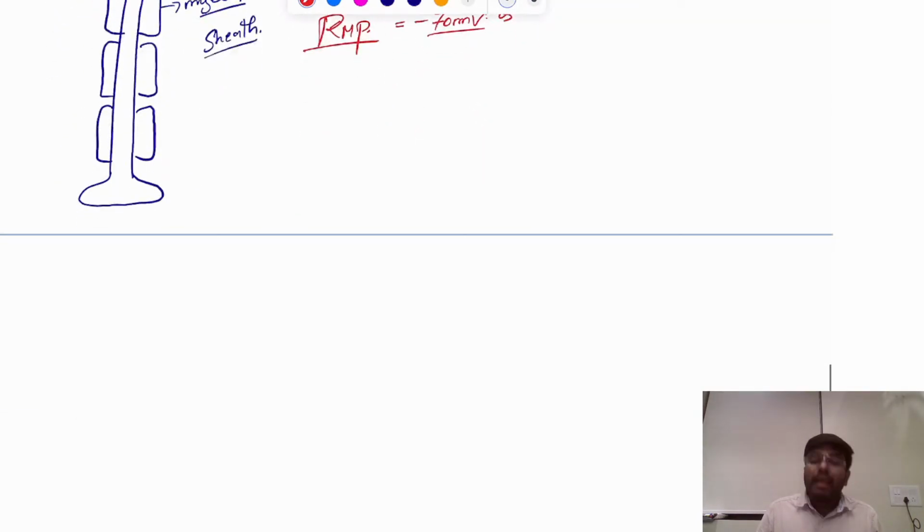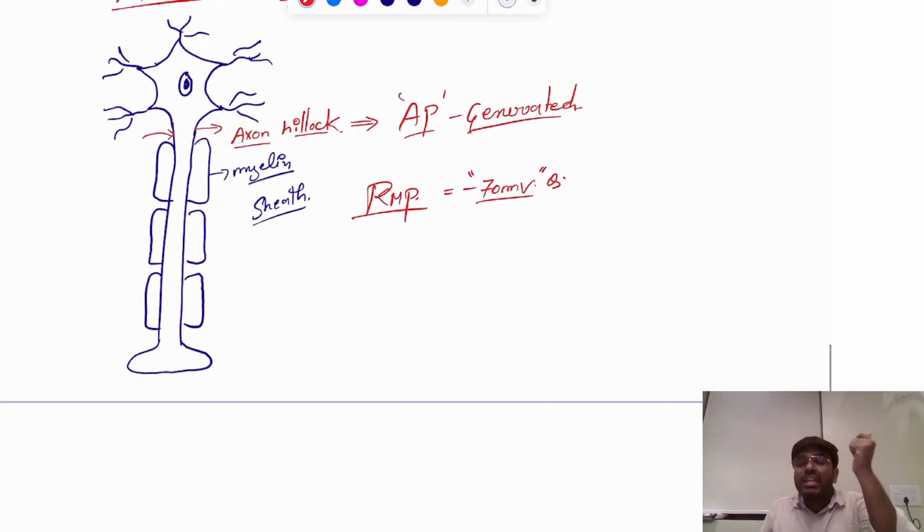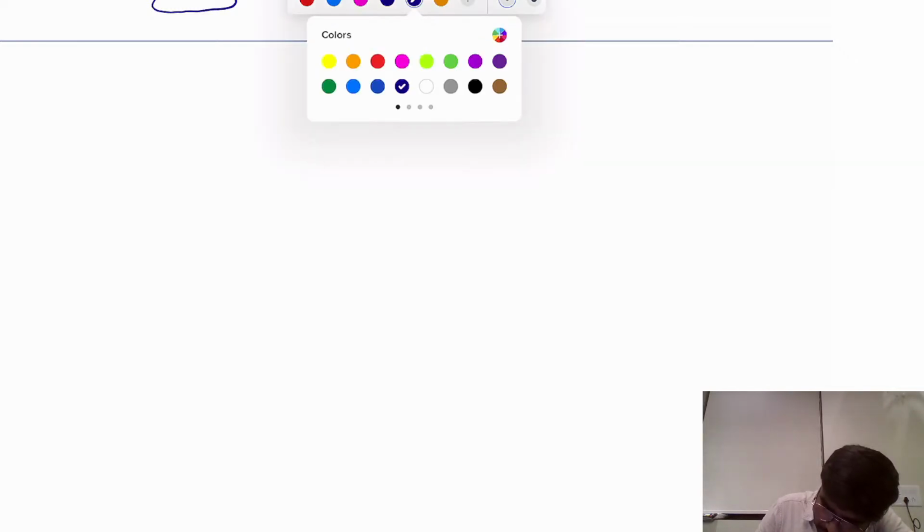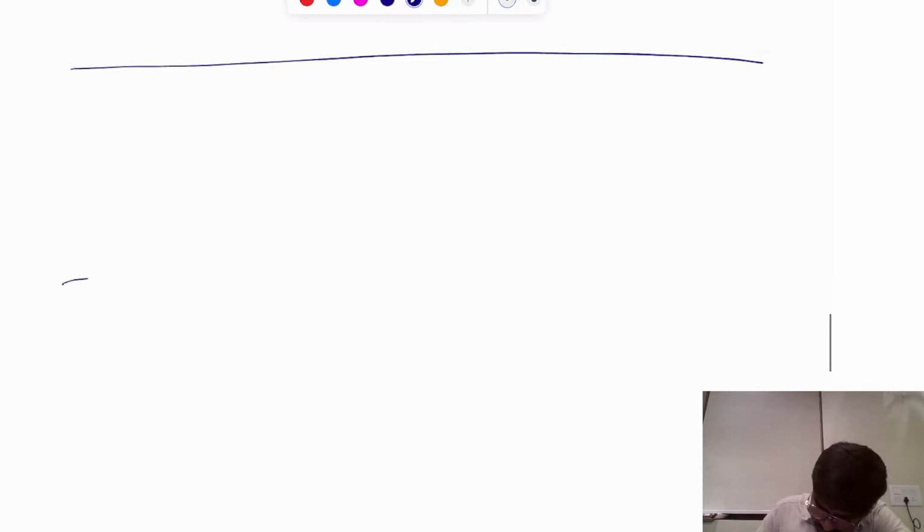Now, let's see how an action potential is generated. Look here, guys. Imagine this is the axon of a neuron. Outside, this is the myelin sheath.